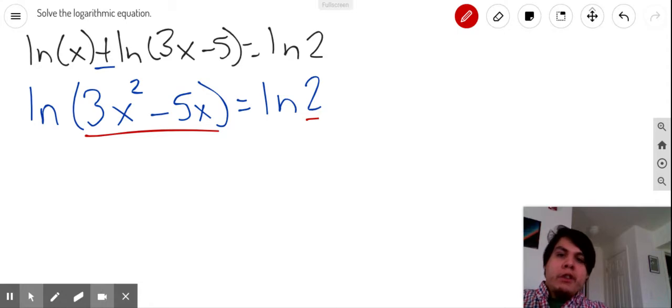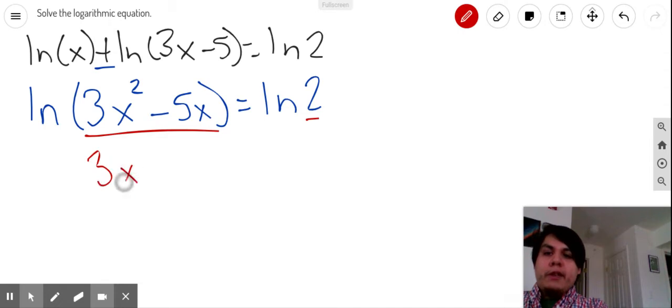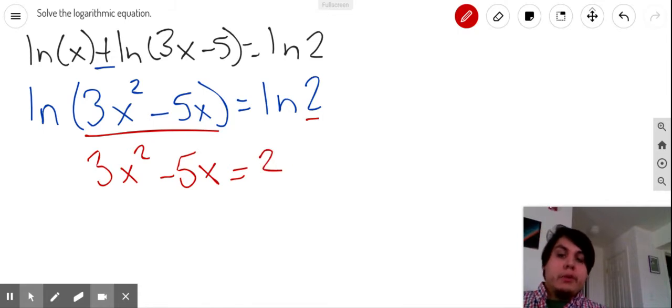Since we have natural log on both sides, we can just ignore it and focus on the values, because the values inside the logarithms are what's going to make this statement true. So once we have that, we can see that this is just a nice little quadratic that we should be comfortable solving.